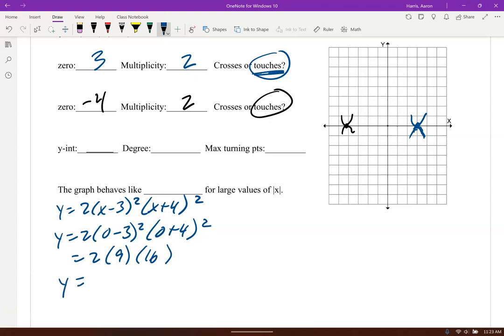So it looks like this hits at 2 times 9 times 16. I'm not sure what that is. 288. So the y-intercept is 288. Okay. So that's the point 0, 288, right? So way up there.